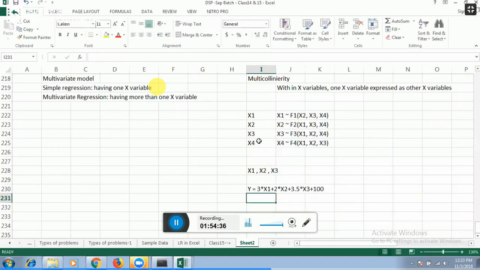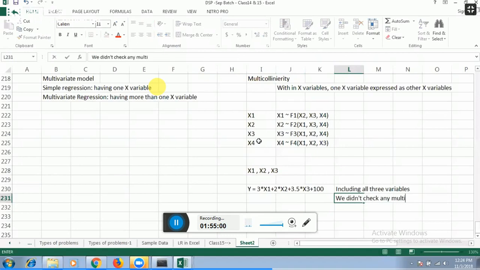This is the model you got by including all three variables. By including all three variables, it means we did not check whether any multicollinearity exists or not.